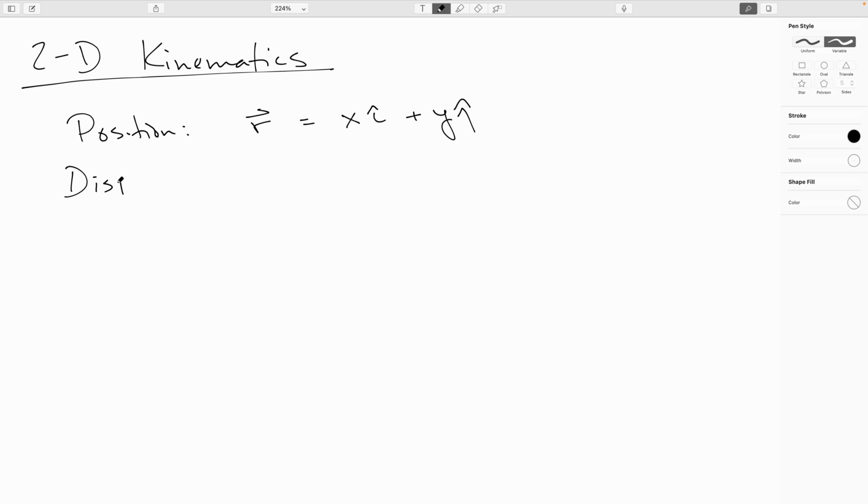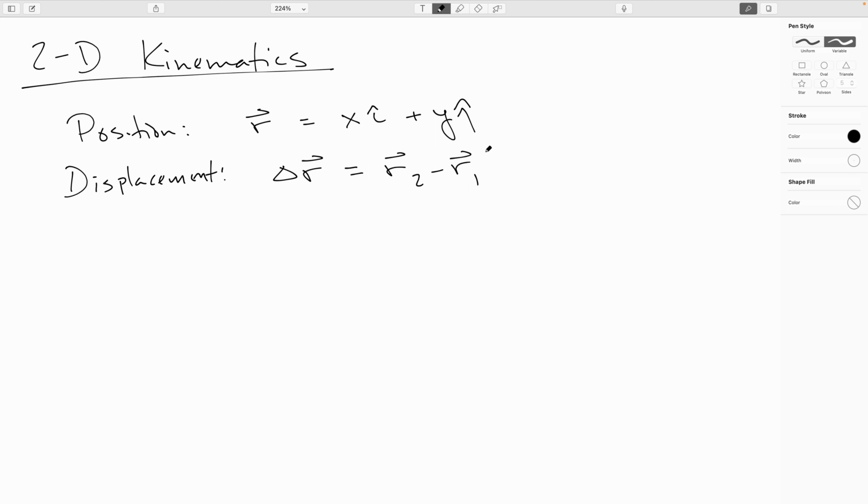We can define displacement to be the change in position. So this will be r2 minus r1. But now the difference is that instead of being in 1 dimension, where it would just be an x or a y value, they are vectors.